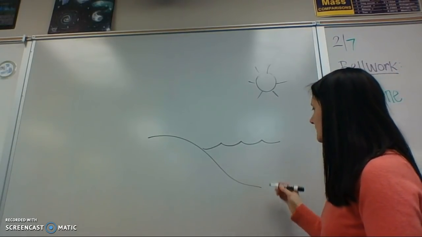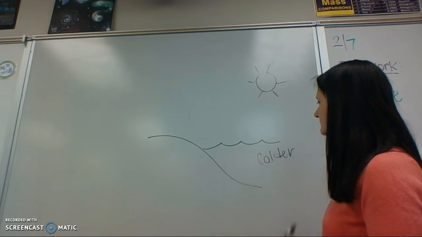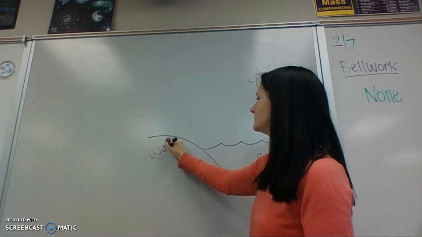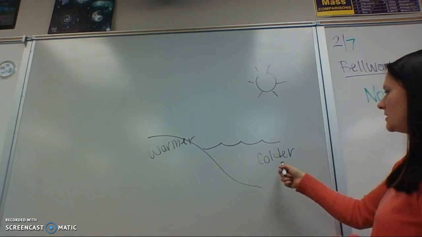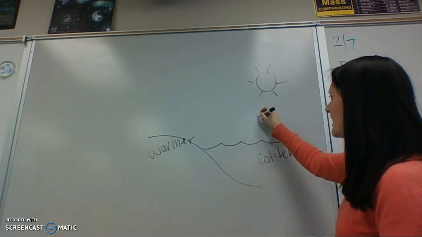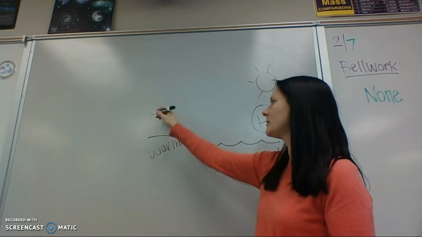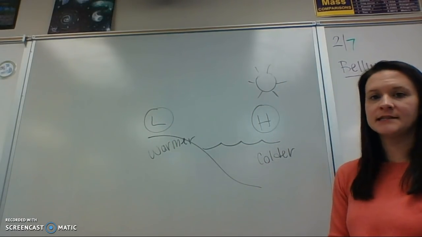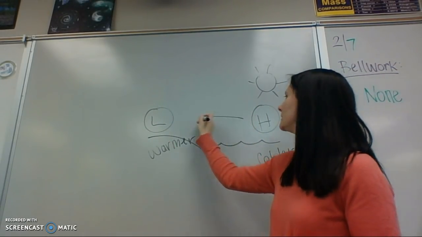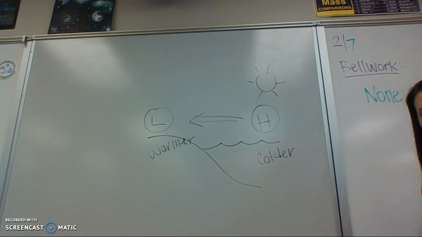The water is colder. The land is warmer. The cold water will have a high pressure, and the warm will have a low pressure. And since high pressure goes to low, that's where the wind is going to go. So that's your sea breeze.